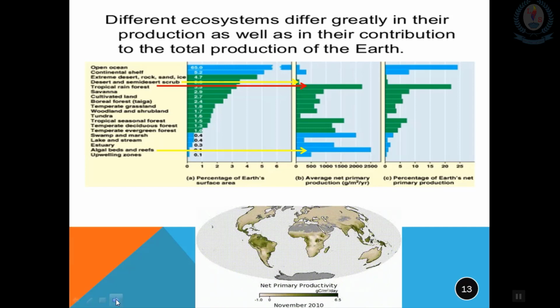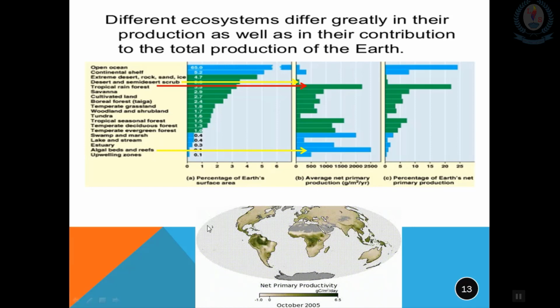As you can see in these representations, the tropical rainforests have a high productivity. But deserts are not very productive ecosystems. And aquatic ecosystems like coral reefs are extremely productive.